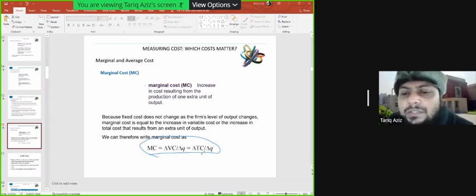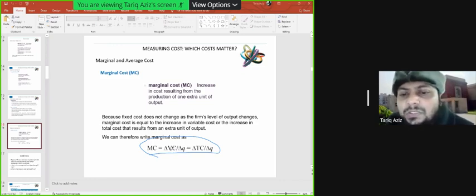Similarly, we can also write change in total cost divided by change in quantity. So if the change in quantity is only 1, the denominator will remain 1. But if the change in quantity is more than 1, then we have to use the denominator also.